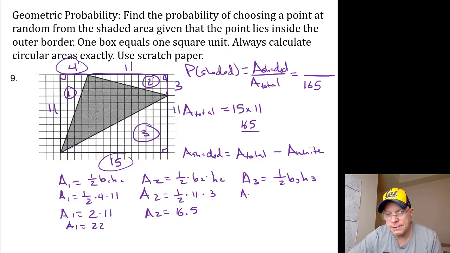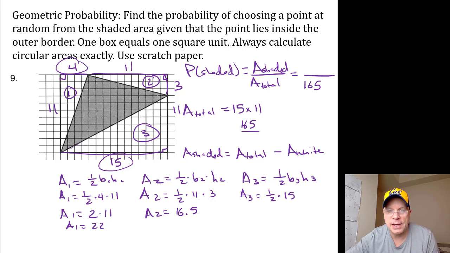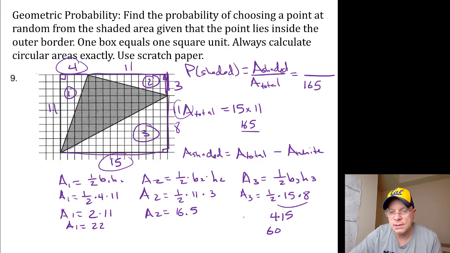Area of triangle 3 is 1/2 of the base, which is the same as the base of the big rectangle, 15, multiplied by the height. Well, if this is 3 and this is 11, this must be 8. I'm going to use the associative property to my advantage and take half of 8 first, which is 4. 4 15s is 60. So the area of triangle 3 is 60.